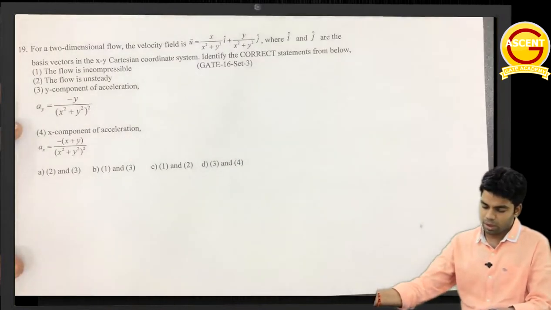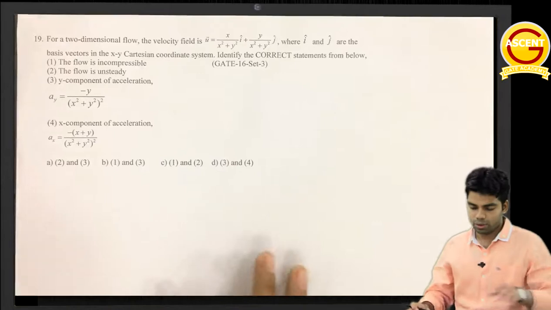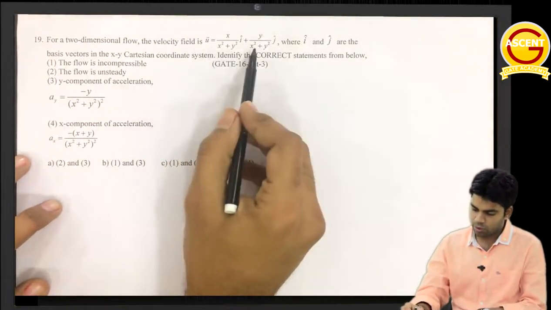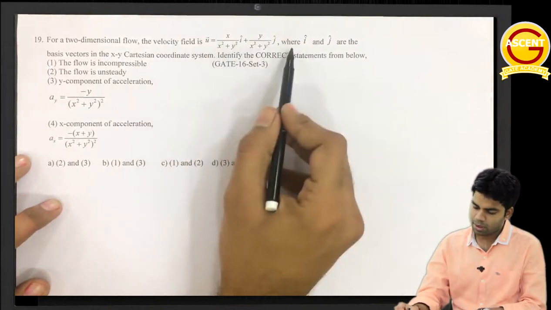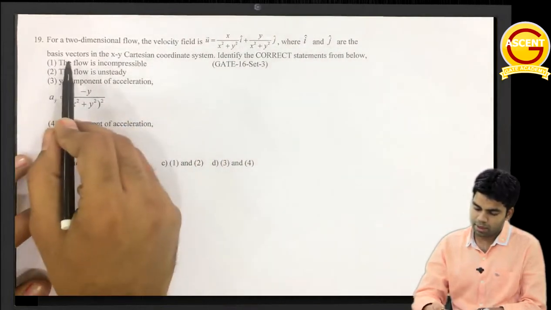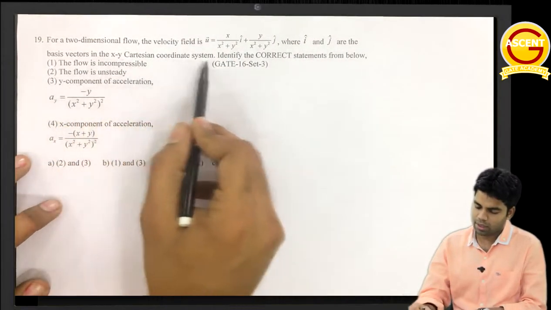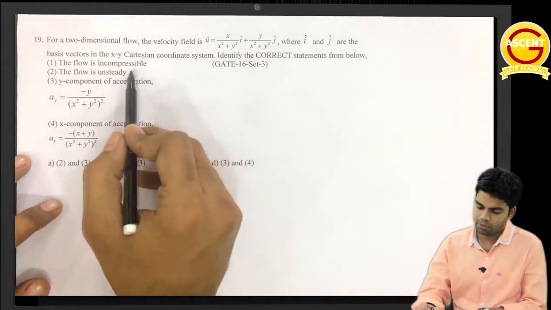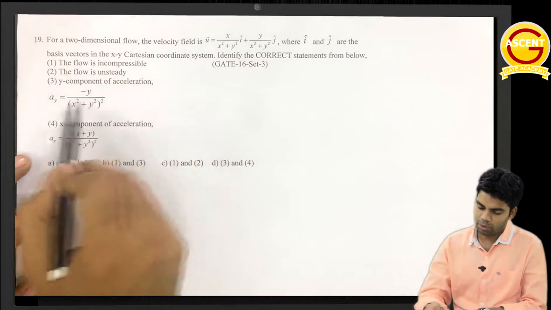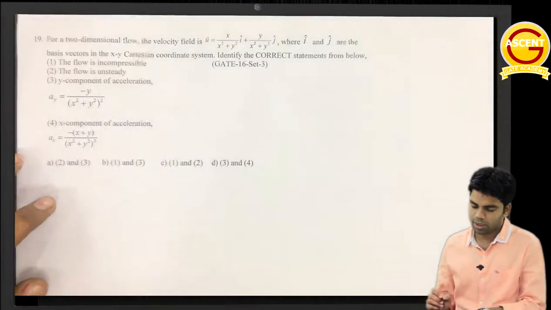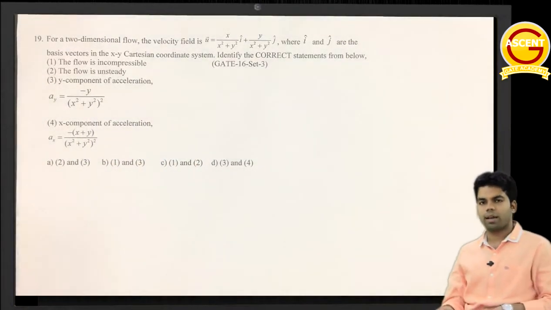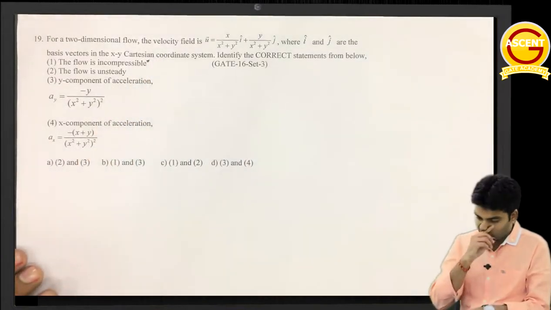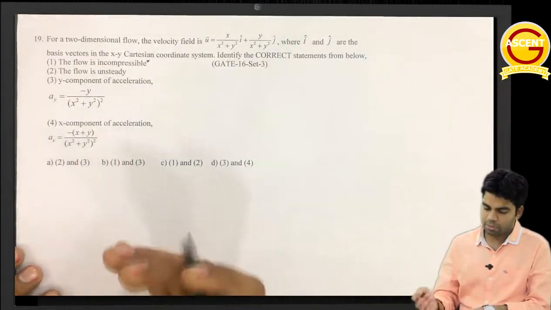Getting this? Okay, next question says for a 2-dimensional flow the velocity field U is given as this, where i and j are basis vectors in the xy Cartesian coordinate. Identify the correct statement from below. The flow is incompressible, the flow is unsteady, the y component of acceleration is this and the x component of acceleration is this. The very first thing we have to check is whether the flow is incompressible or not.